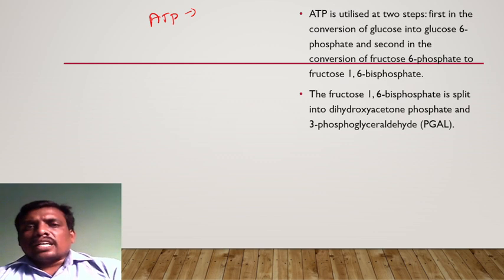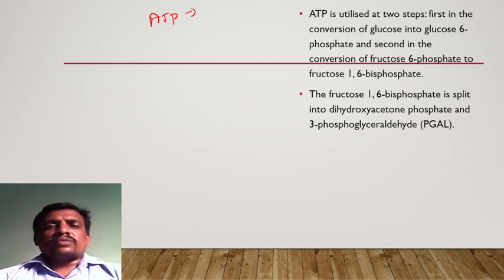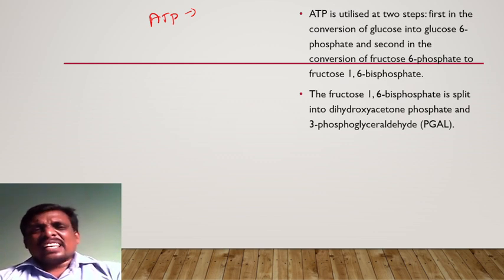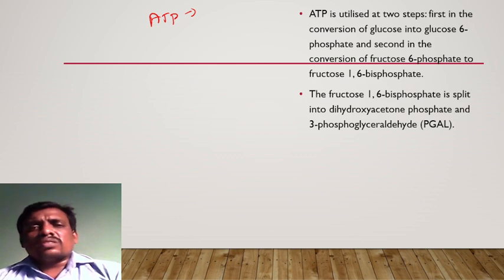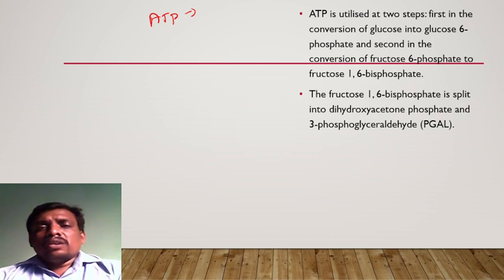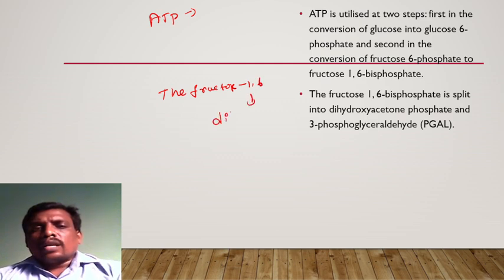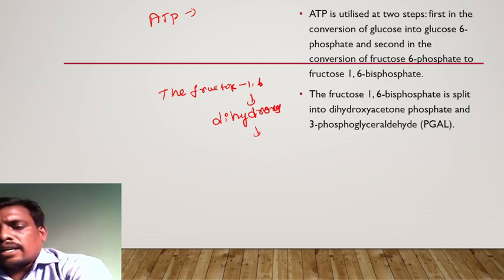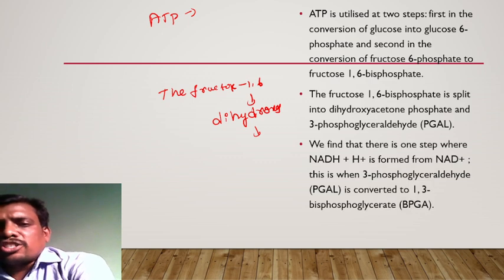In the conversion of glucose into glucose 6-phosphate. Second, in the conversion of fructose 6-phosphate to fructose 1,6-bisphosphate. Here, the fructose 1,6-bisphosphate is split into dihydroxyacetone phosphate and 3-phosphoglyceraldehyde. I have shown you in the reaction itself.